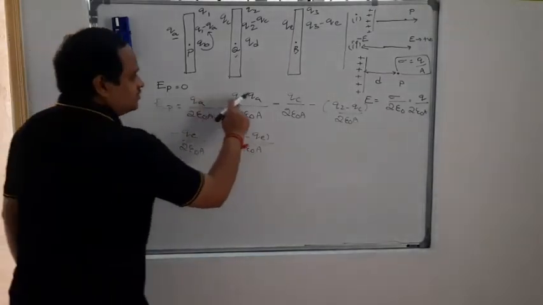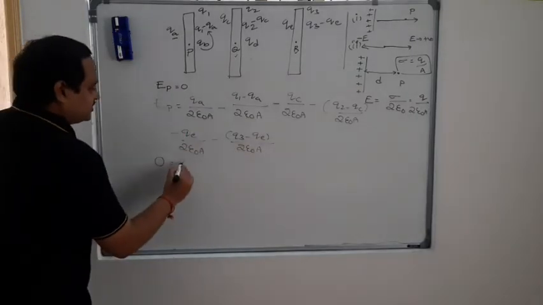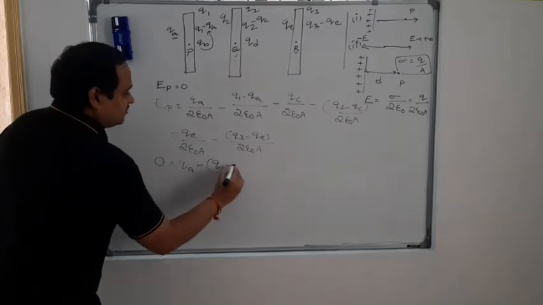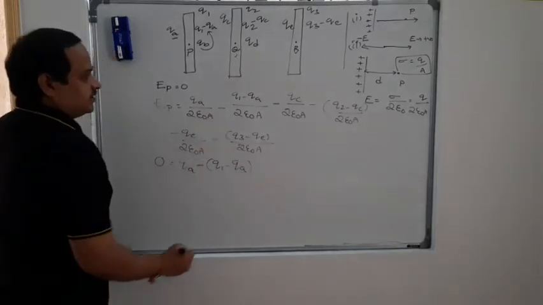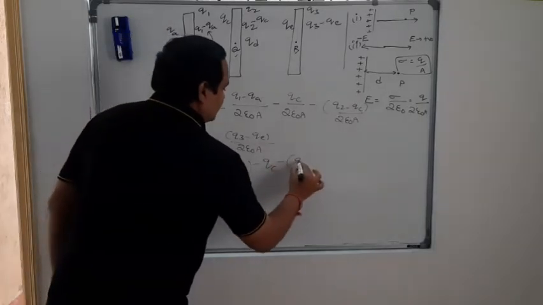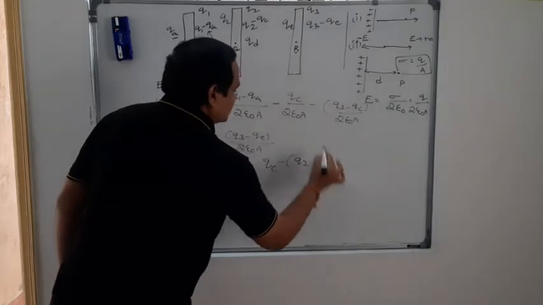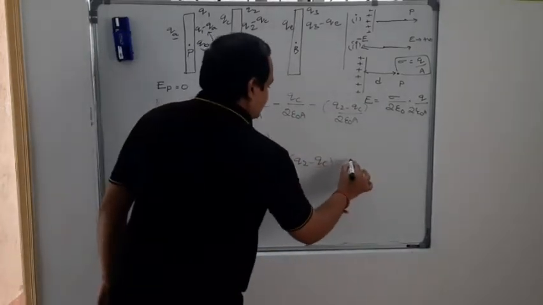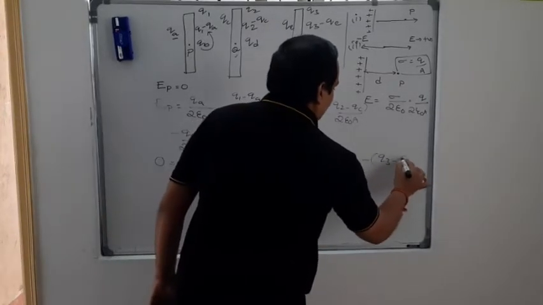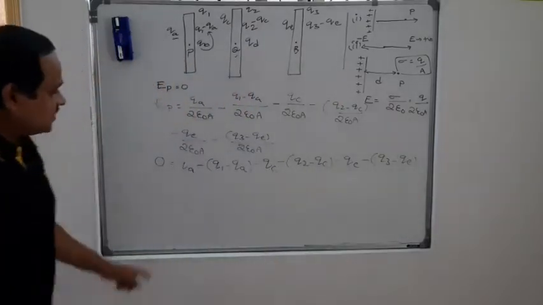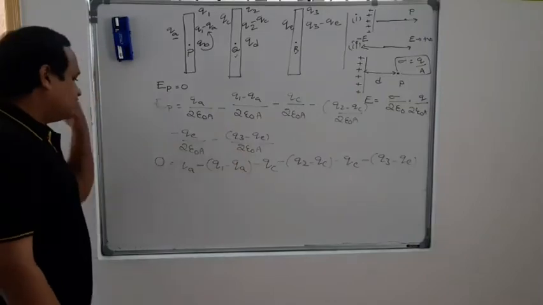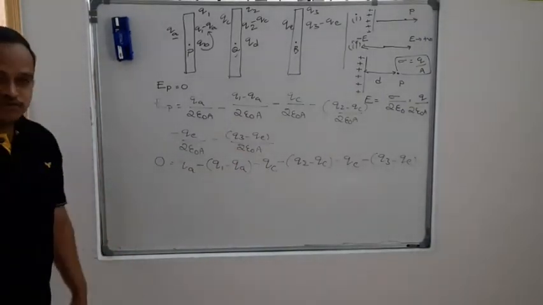Now, only the numerators will be left over, that is QA minus Q1 minus QA minus QC minus of Q2 minus QC minus QE minus of Q3 minus QE. These are all the numerators left after transferring 2 epsilon naught A to the left side, and I have multiplied it, it becomes 0.